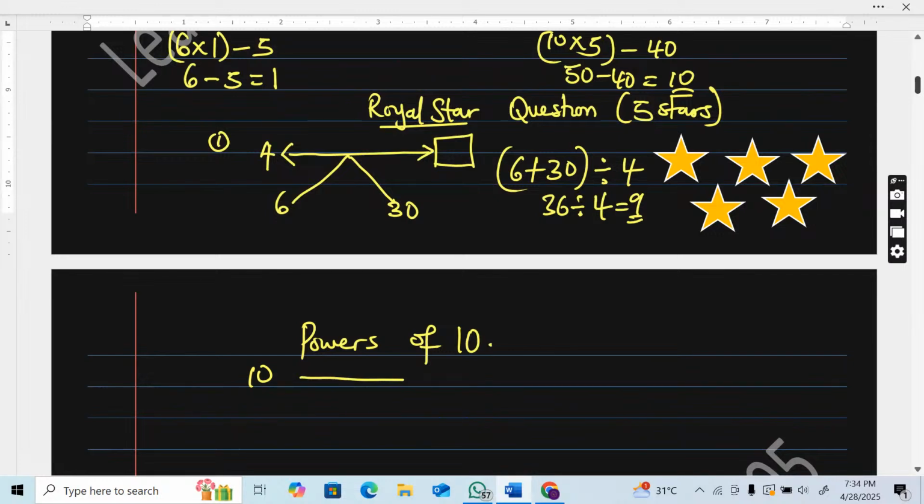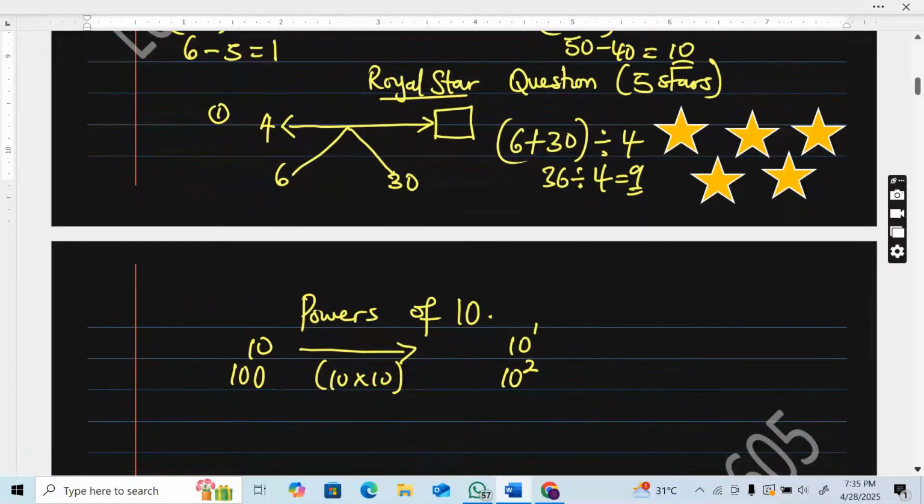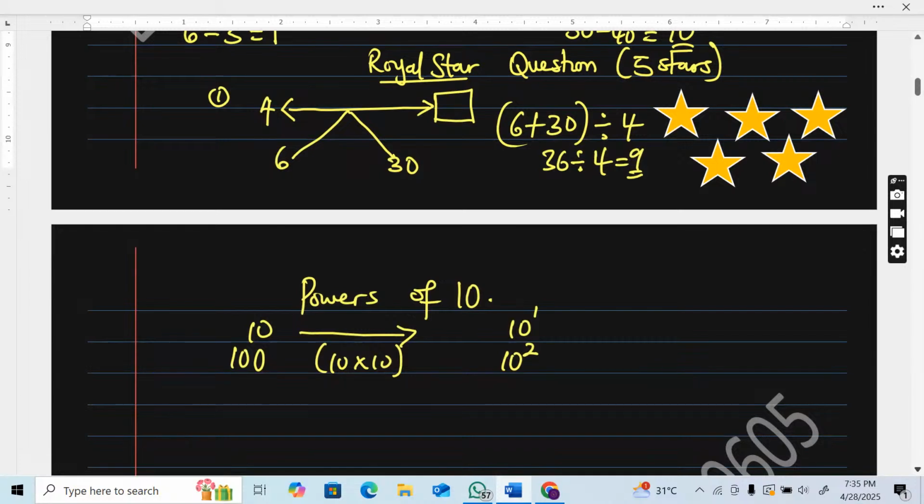These are powers of 10. 10 has only one zero, so we call it 10 raised to power 1. 100 has two zeros, and it means 10 times 10. So we call it 10 raised to power 2, and you need to multiply it by itself twice.